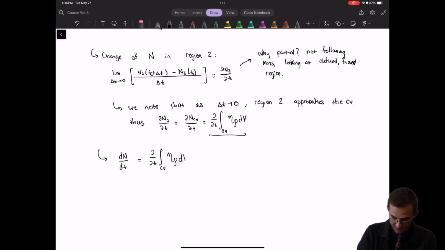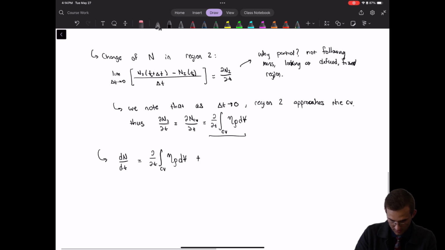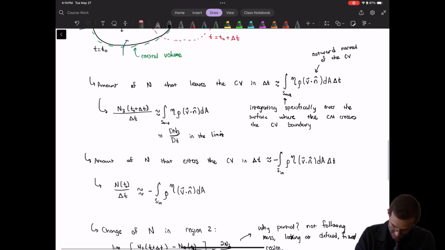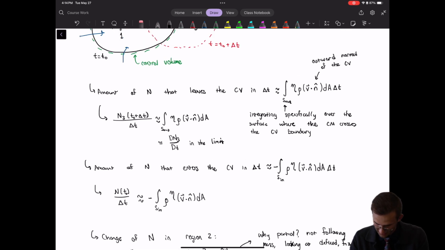So that's that piece that we just found, plus the integral of S out eta rho v dot n hat dA, and then here we had this was N1 at t naught, right?